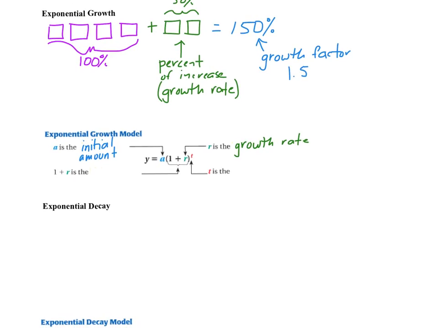And then the R value, R is the growth rate. When we add 1 to it, that whole thing becomes the growth factor, that 150% that we were talking about. So this is the growth factor.